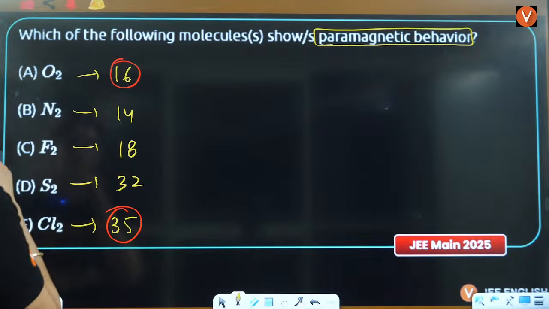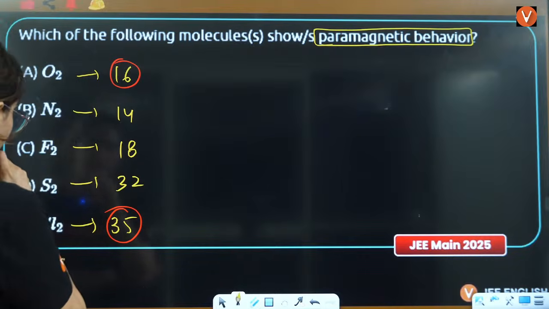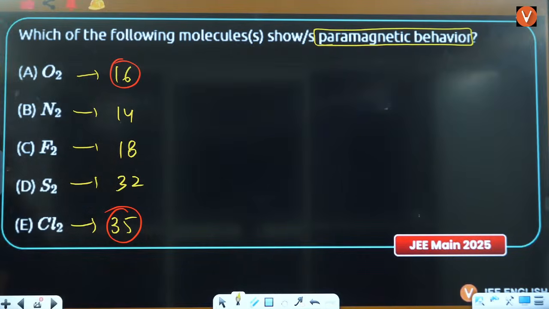Even are diamagnetic, odd are paramagnetic. Cl2 has what? Wait a minute. 34 electrons.